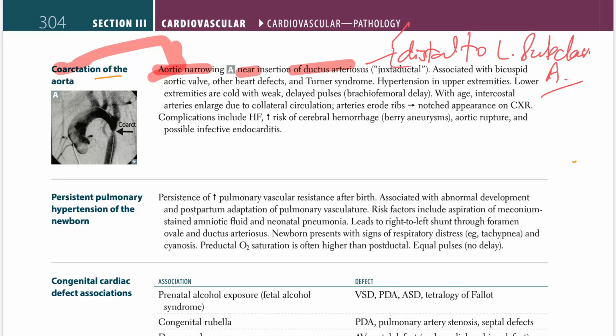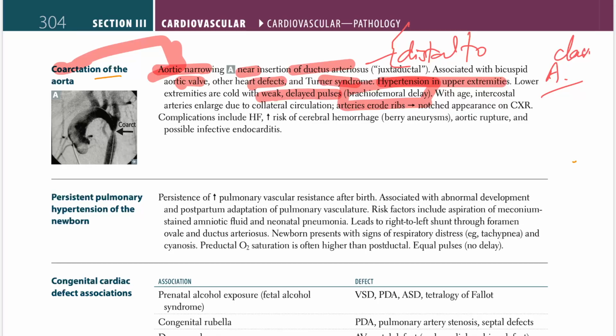That's the location, and it is associated with bicuspid aortic valve or other heart defects, Turner syndrome, high yield. Other than that, the features are hypertension in upper extremities, hypotension in lower extremities with delayed pulses, known as brachiofemoral delay.